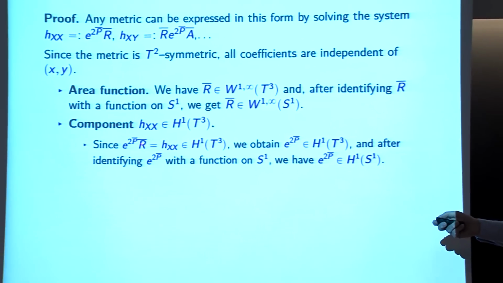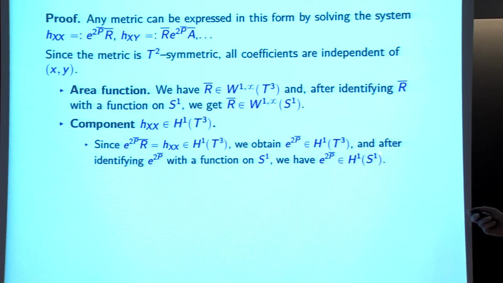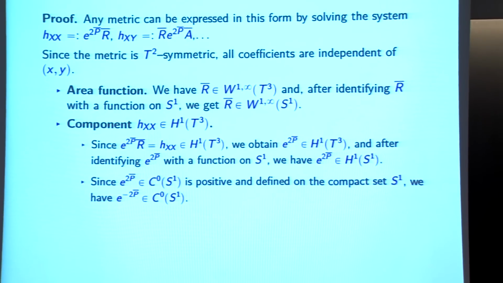Because R bar is more regular, it has a derivative which is bounded, right? So if R bar has a bounded derivative, you get that E2P belongs to H1. And again, if you identify functions on T3 with functions on S1, you obtain that this quantity here belongs to H1. Okay. So that's not yet what we want.